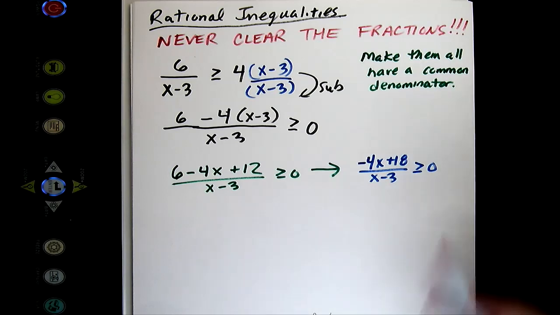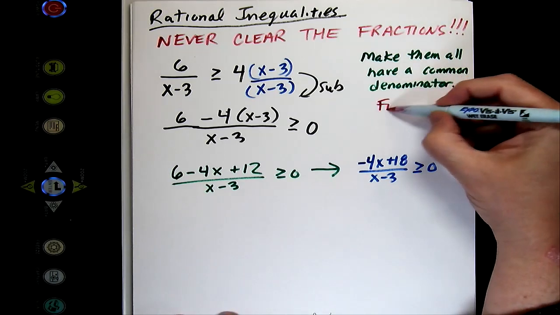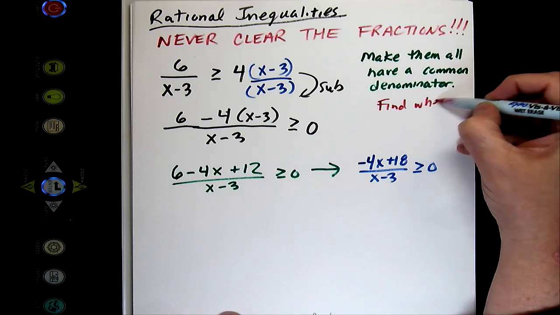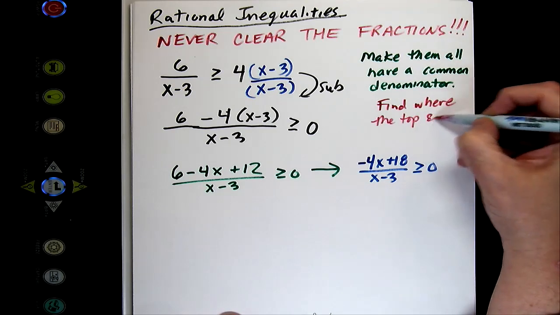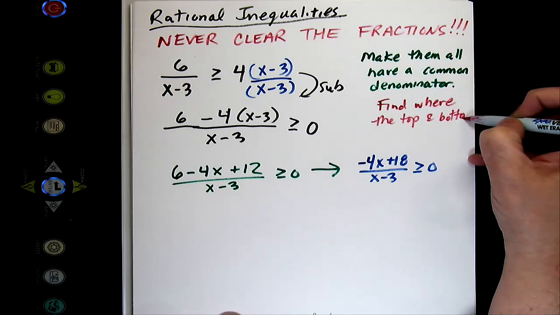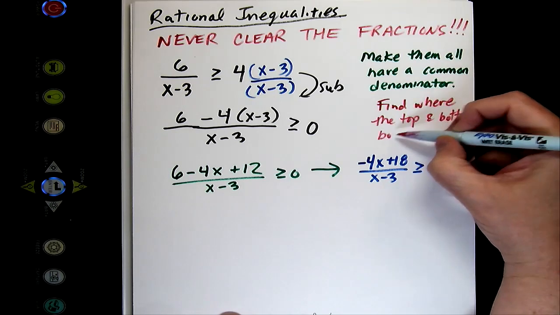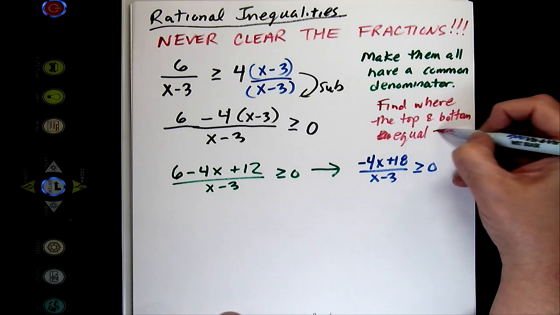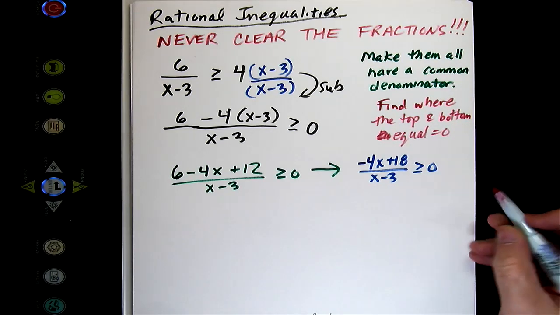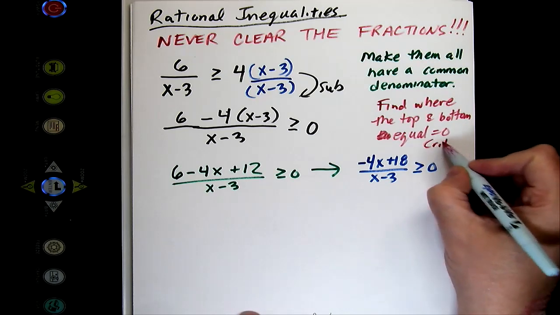What we do now is find where the top and bottom both equal 0. They don't have to equal 0 at the same time, but they have to equal 0. These are our critical points.